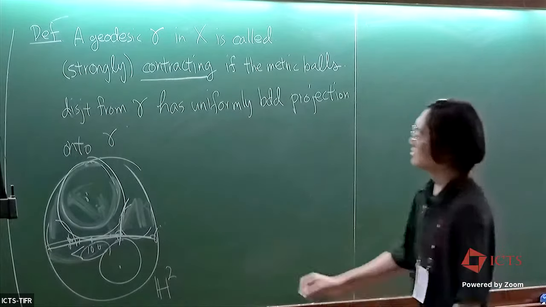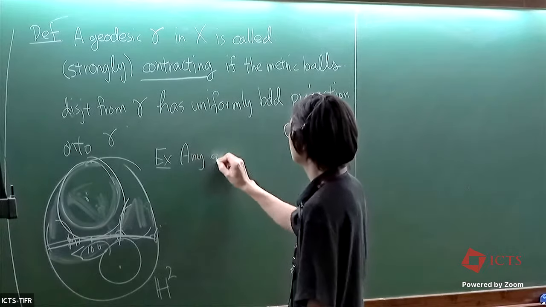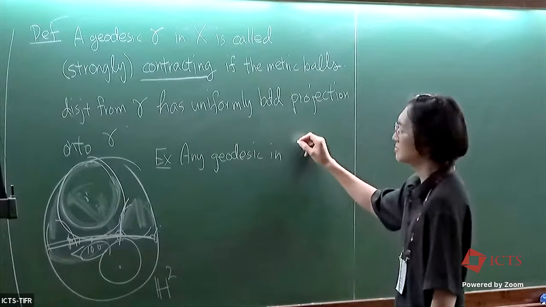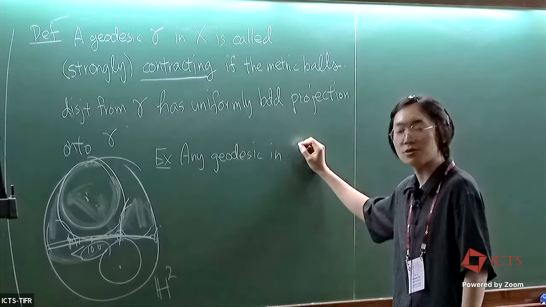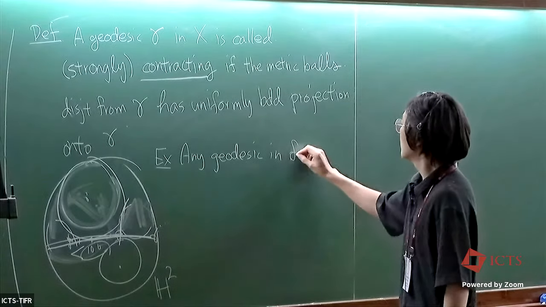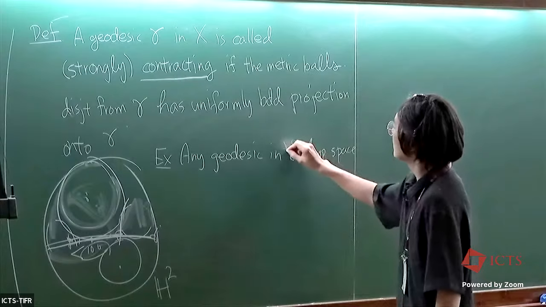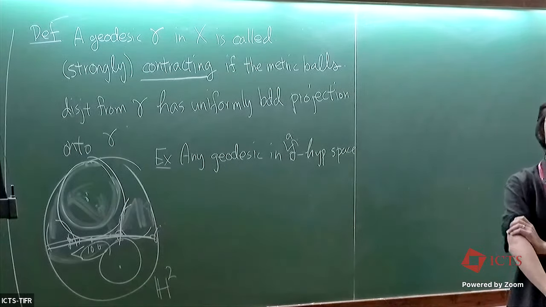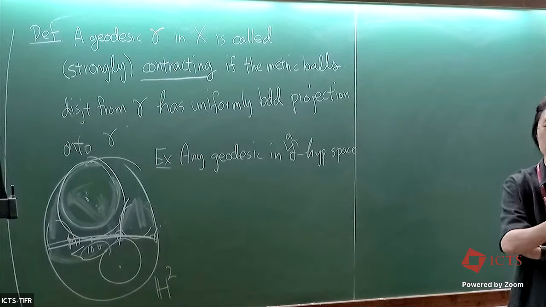So any geodesic in H2. And more generally, if your space is delta hyperbolic, then you can show that any geodesic you pick in that space is strongly contracting.